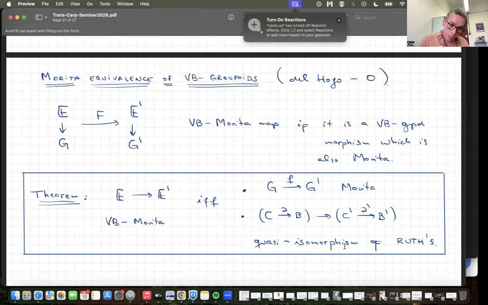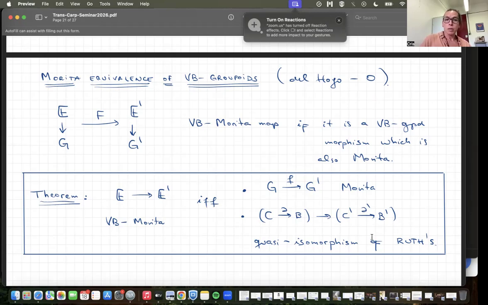But there is extra information that comes from the fact that these two complexes are associated to VB groupoids. These are not only two-term complexes of vector bundles. These two-term complexes of vector bundles come with symmetries. And these symmetries are called representations up to homotopy.